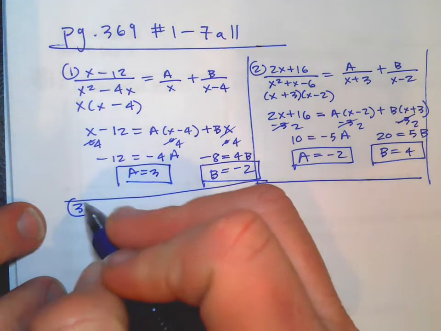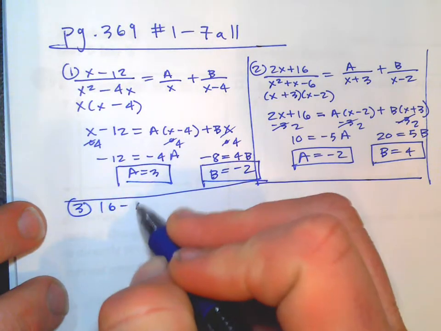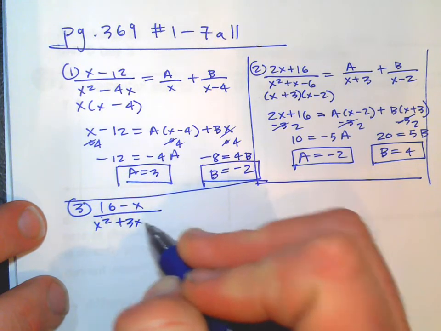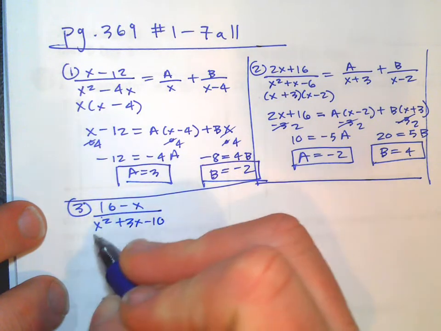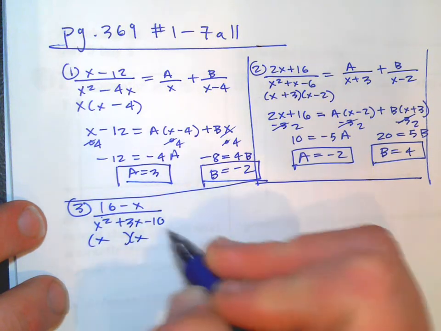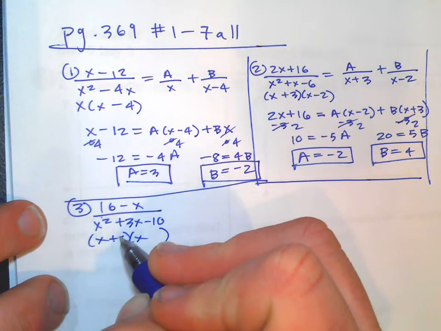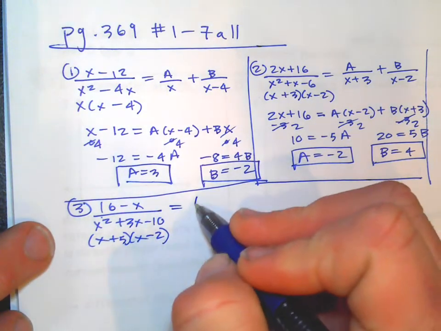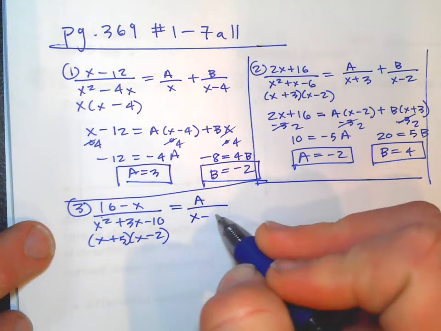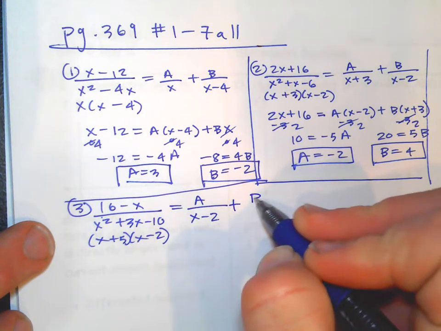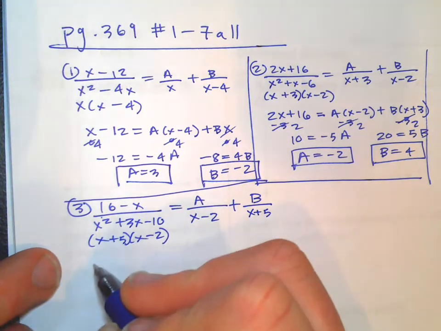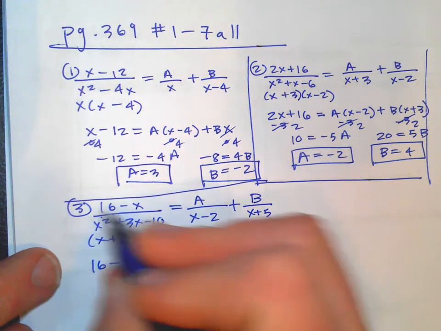Number 3, 16 minus x over x squared plus 3x minus 10. If you factor this, it would be x plus 5 and x minus 2, which would give you a positive 3 in the middle term. They put the x minus 2 under A, so we need to follow them. Plus B over x plus 5. Multiply through by the least common denominator. We just get the numerator here.